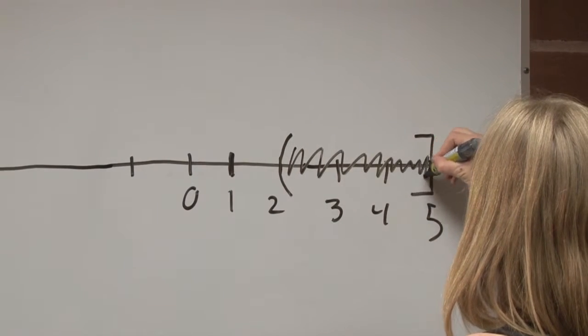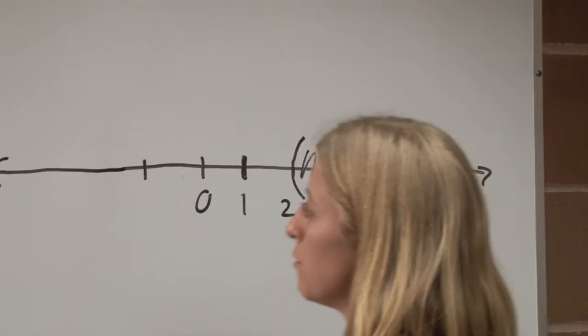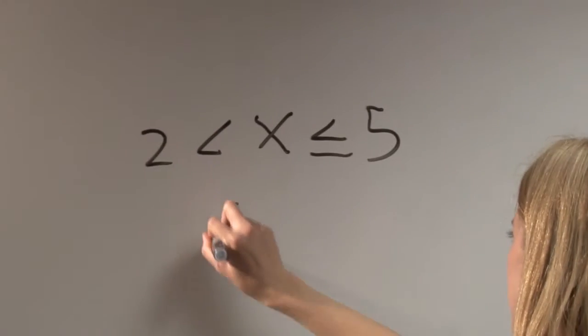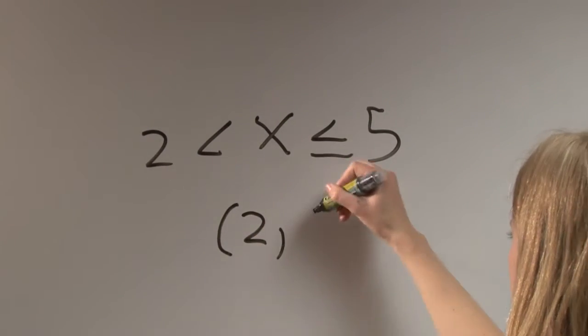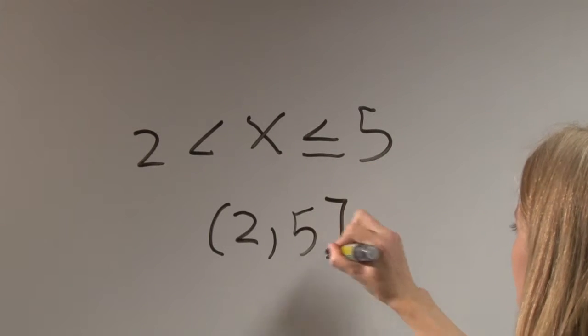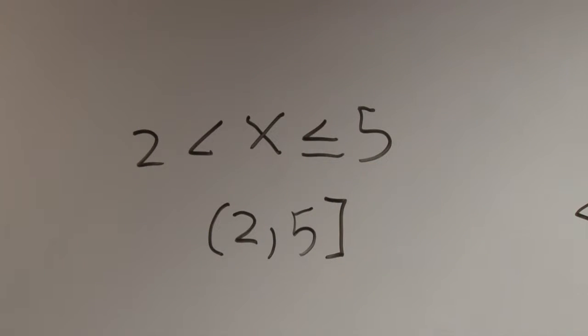And then that would be my solution set. In interval notation, that is 2 with a parenthesis, and then 5 with a bracket. And that says that x is anything from right after the number 2 all the way up to and including 5.